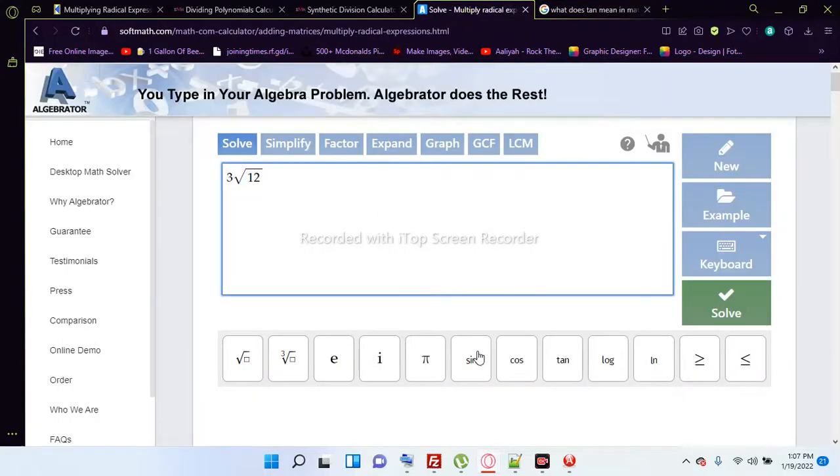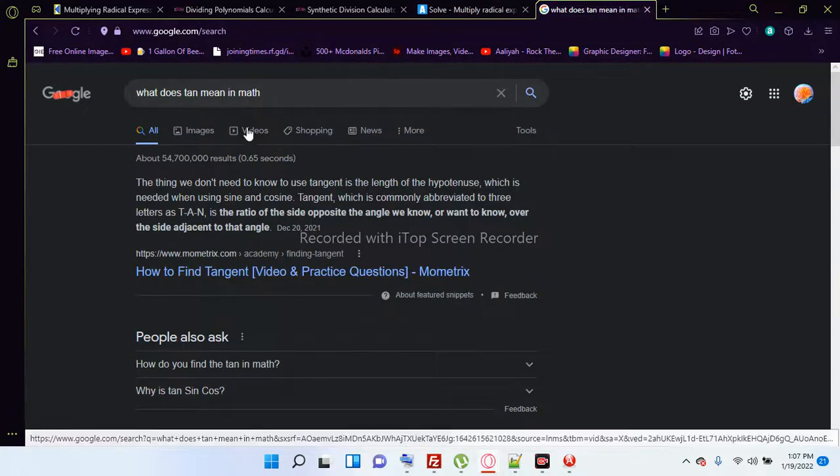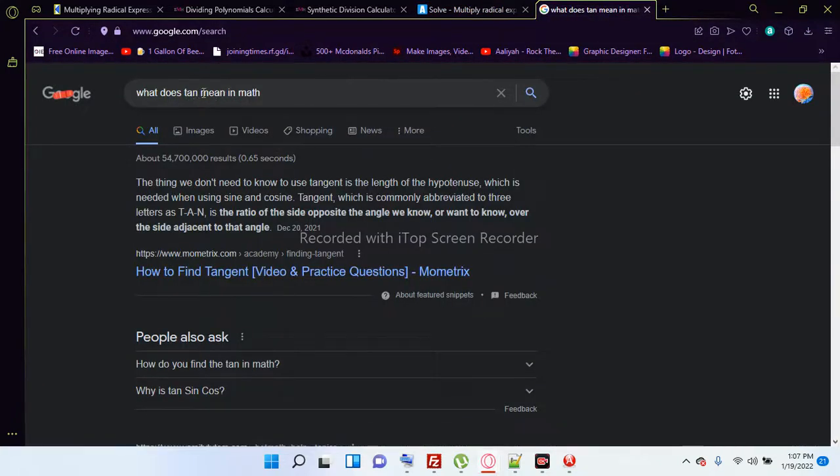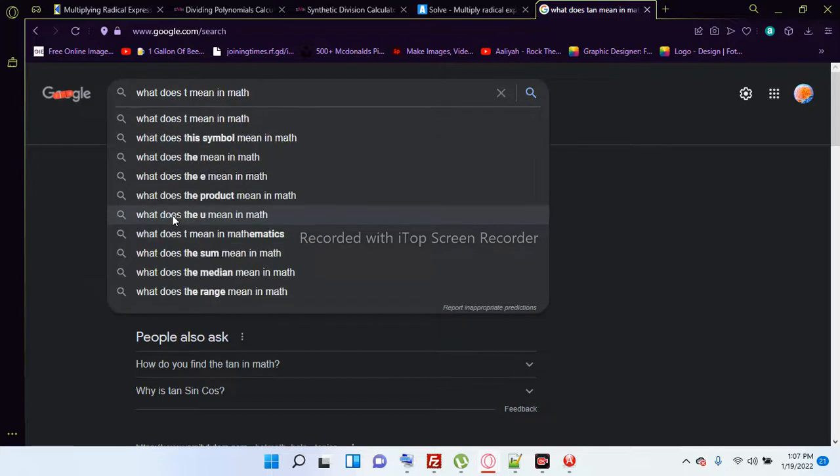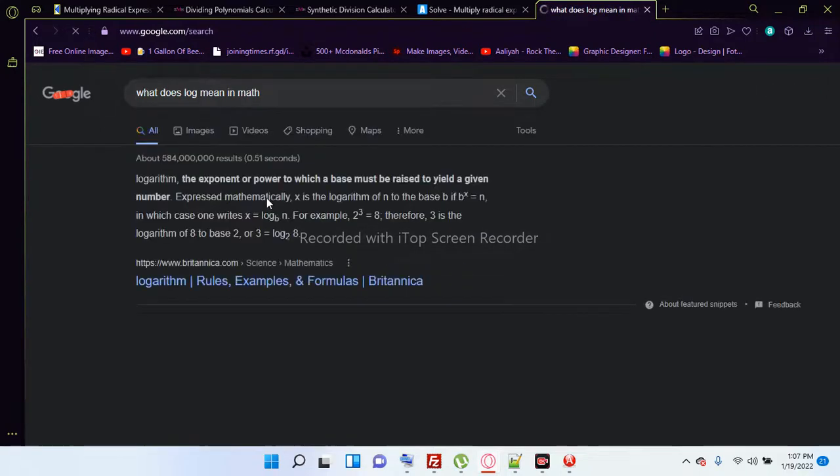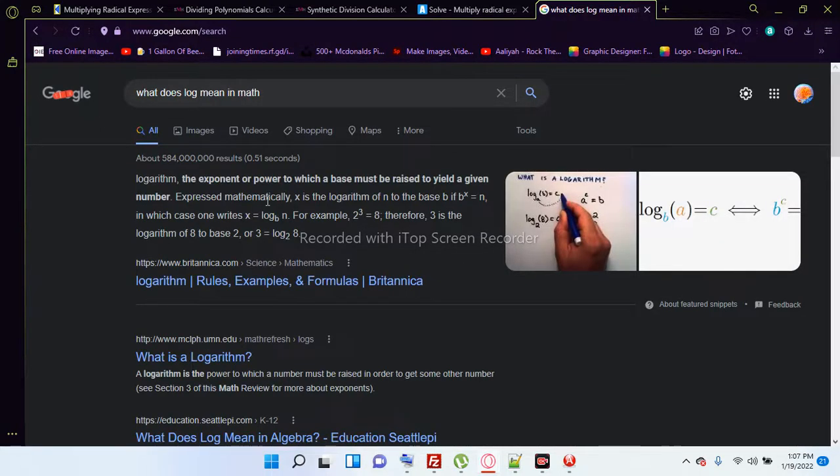Now, so you're like, what does log mean then? Maybe log means the multiplication. Log means x is the logarithm of n to the base b, x equals n.